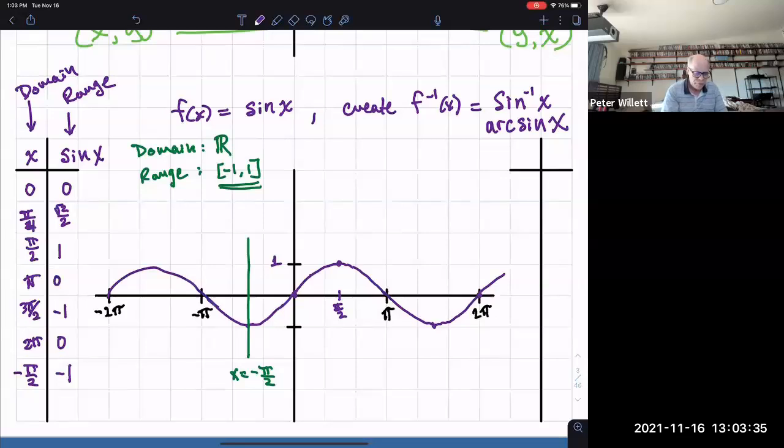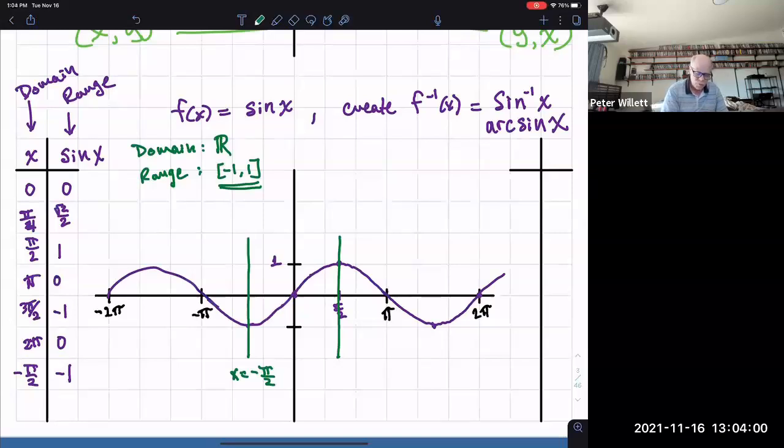And then if we move to the right from there over to when X is +π/2, let's do that color coordinated. If I then move over to when X is +π/2 here, then we see that the sine function has gone from -1 at -π/2 all the way up to +1 at +π/2.